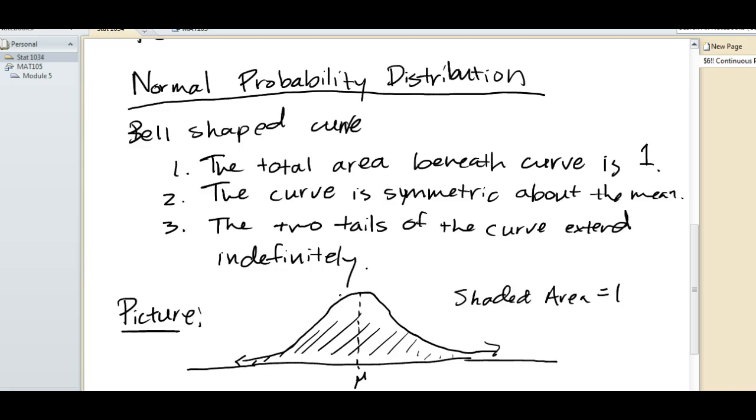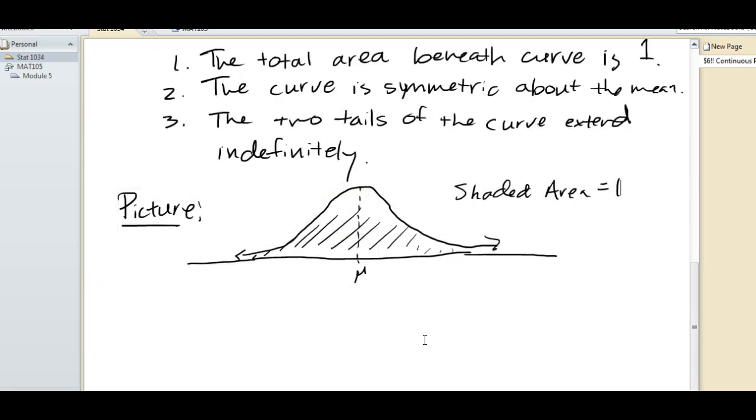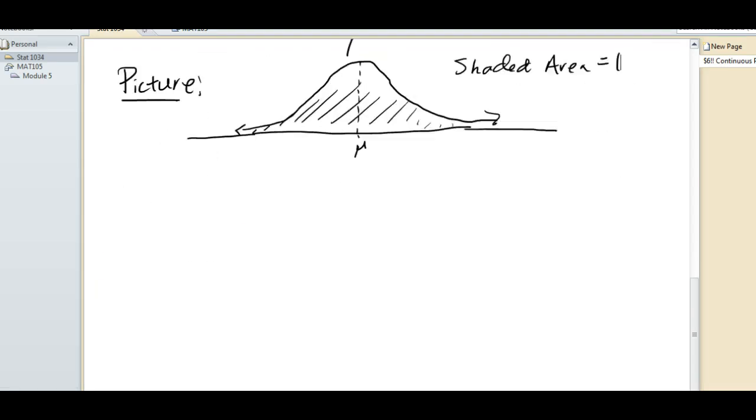Okay, so one of the things that we're going to be using is what are called z-scores, or z-values. So what is a z-value?